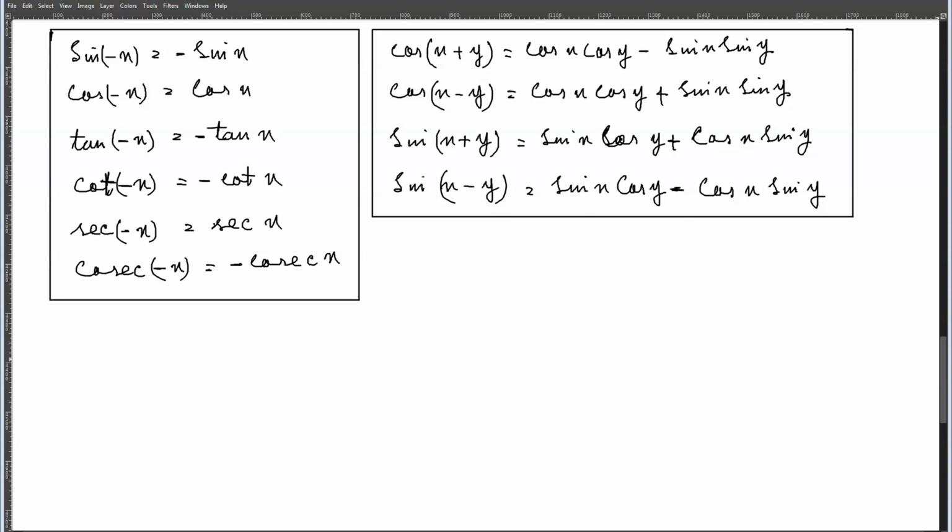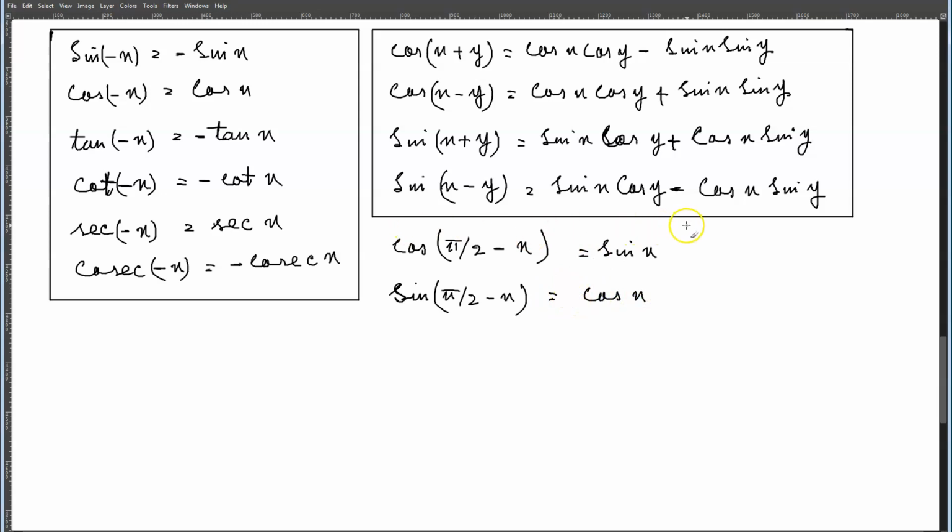You do need them. The third group of formulas that we had so far was cos of pi by 2 minus x is equal to sine x, and sine of pi by 2 minus x is equal to cos x.